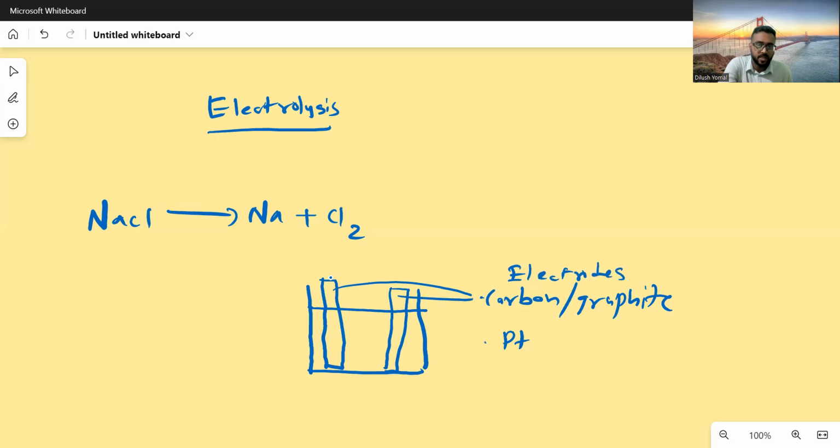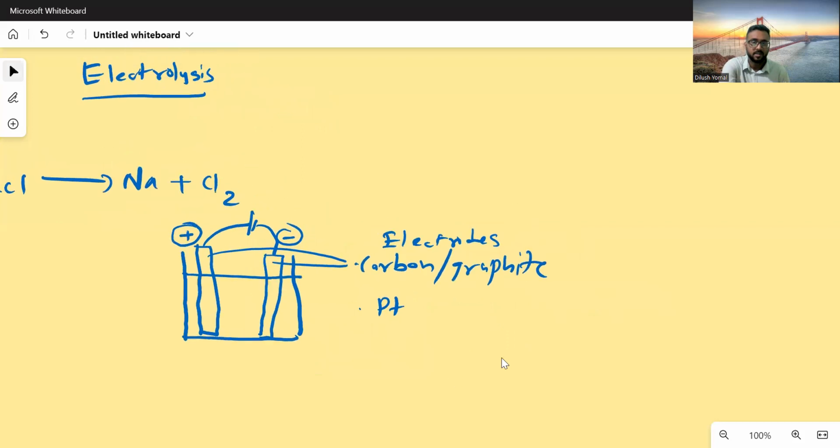When you connect those electrodes to a battery, one electrode will be positively charged and the other negatively charged. So I have two types of electrode, positive and negative, which we define as anode and cathode. Please remember the positive electrode we call the anode, and the negative electrode we call the cathode.